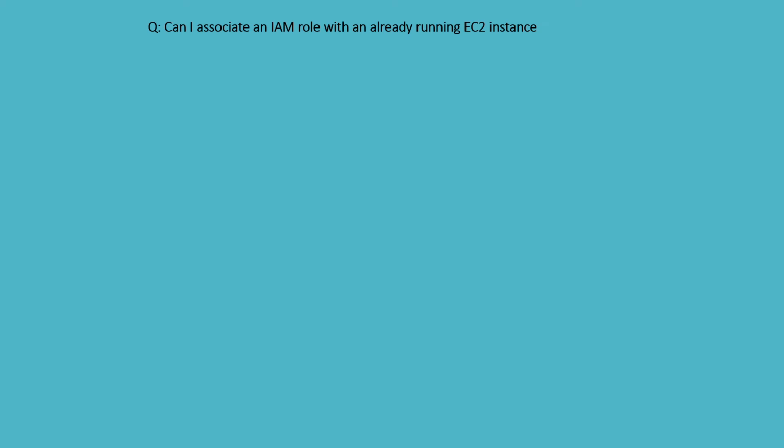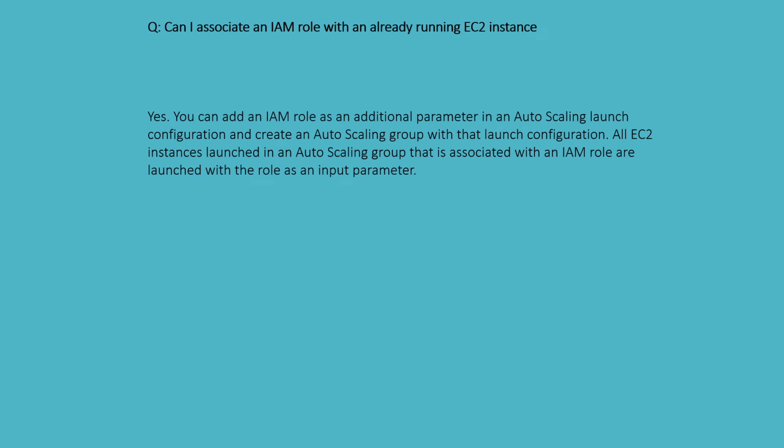Can I associate an IAM role with an auto scaling group? Yes, you can add an IAM role as an additional parameter in the auto scaling launch configuration and create an auto scaling group with that launch configuration. All EC2 instances launched by the auto scaling group that is associated with the IAM role are launched with the role as an input parameter.